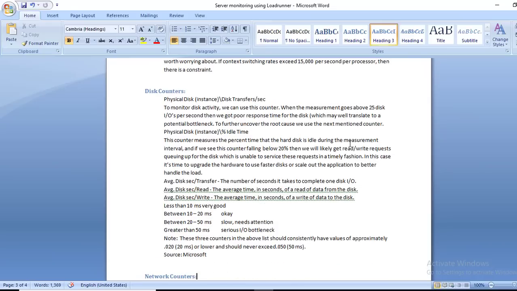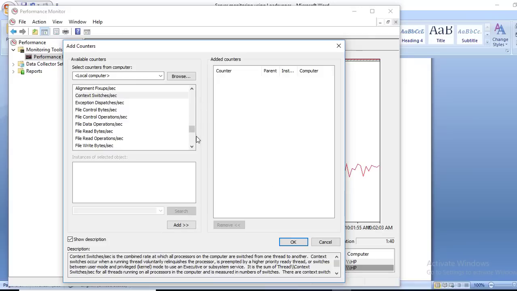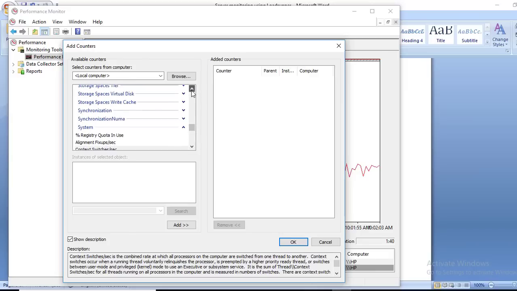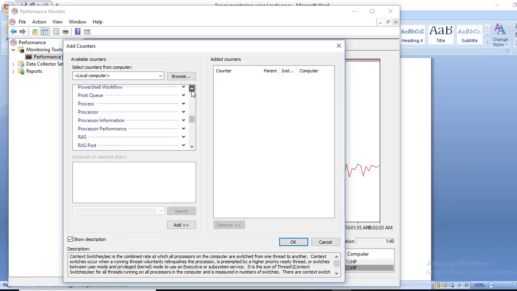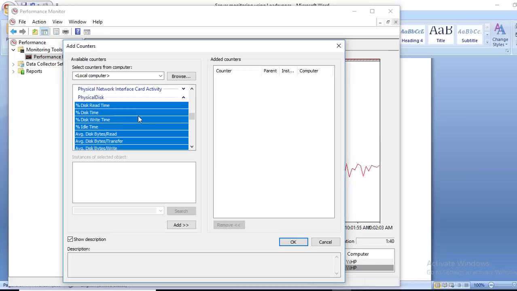Now the counter related to storage, disk storage. Here you can see the counters for the disk. Physical disk: percentage disk read time, disk write time. All these are counters.